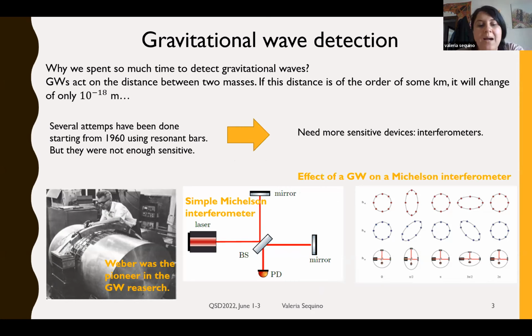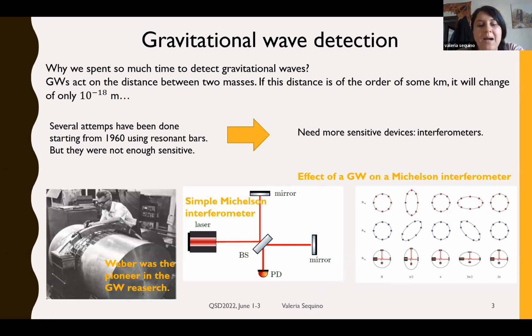But this system revealed to not be very sensitive, and then the gravitational wave collaboration passed to another kind of device that is more sensitive to such a small variation of the distance, and in particular it was chosen to use optical interferometers.